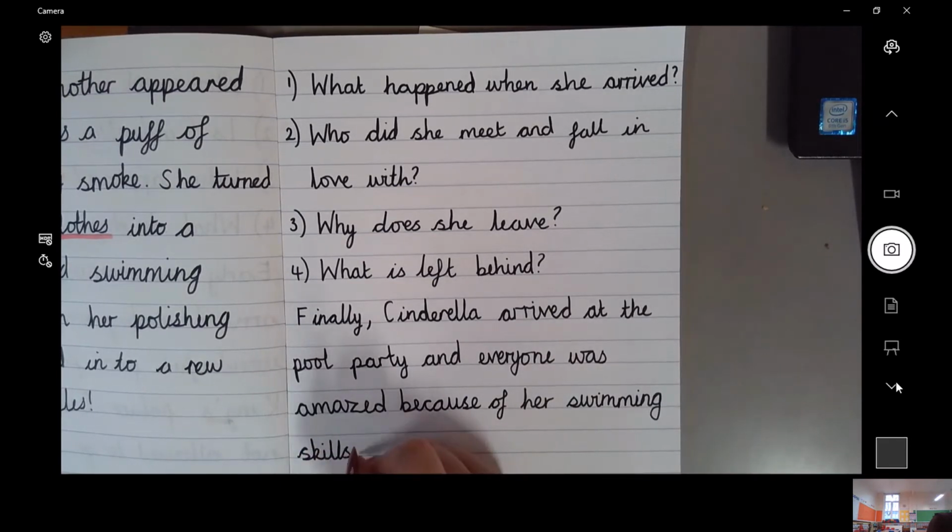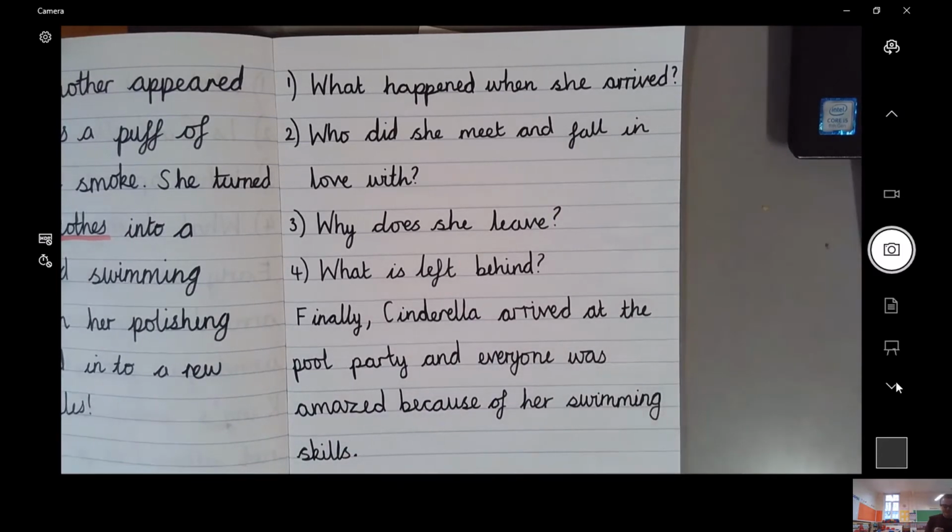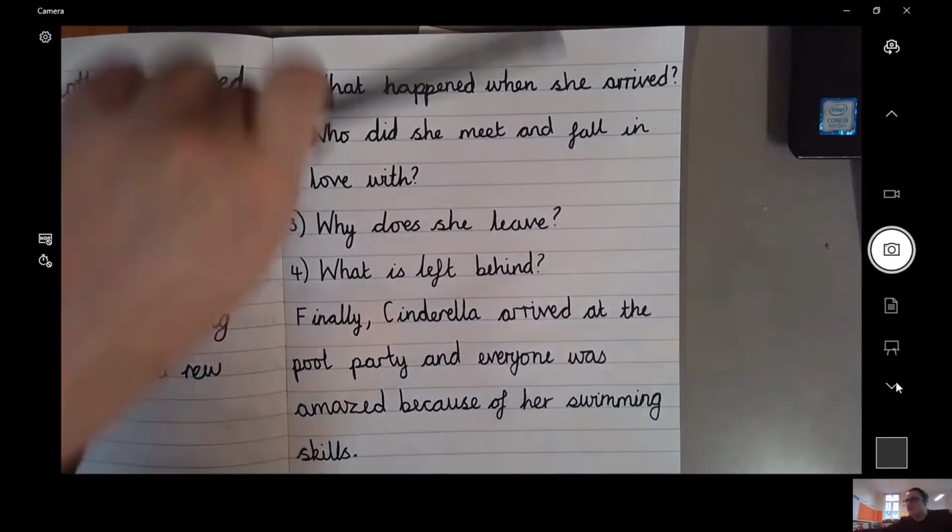Full stop. Now I've got lots going on in this sentence.